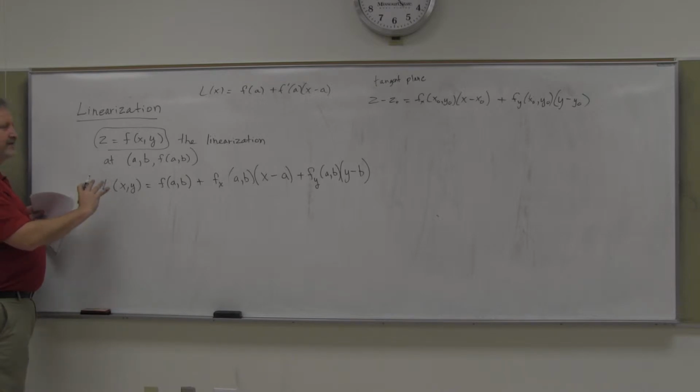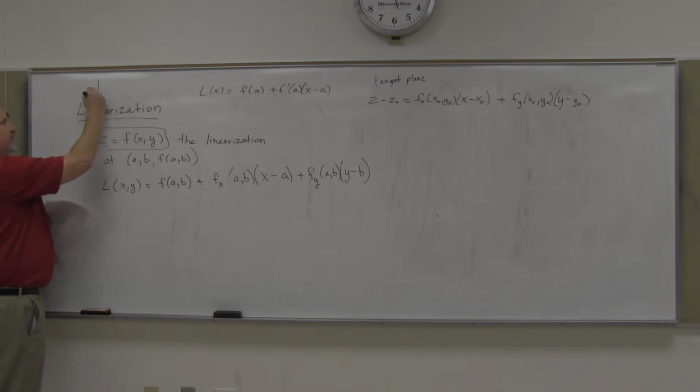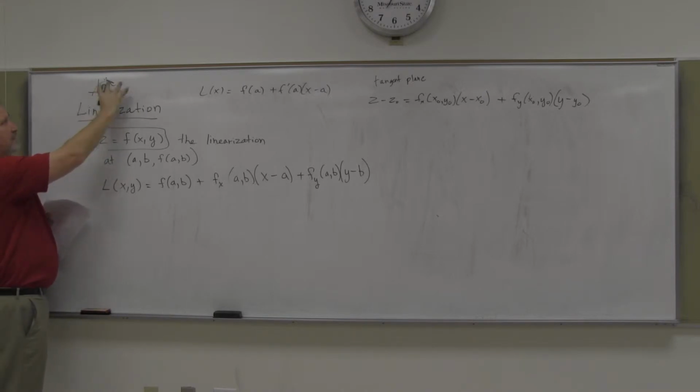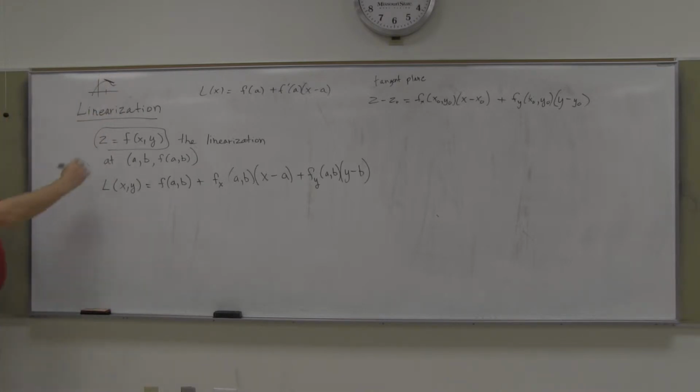Just like we talked about in two dimensions, if we've got a curve, the linearization takes that curve and makes it into a line, and now it's only good, so to speak, around that particular x value. Well, the same thing can be done with a tangent plane.